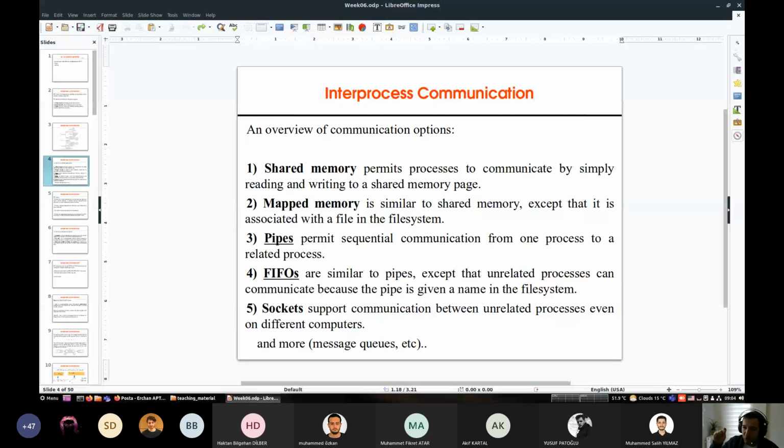Both of them agree that there will be a certain file in the file system, and both of them will be reading and writing there. But the difference between a regular file and a mapped file is that the contents of that file are reflected onto memory, and whatever you read and write in those memory locations is immediately reflected also to the file.